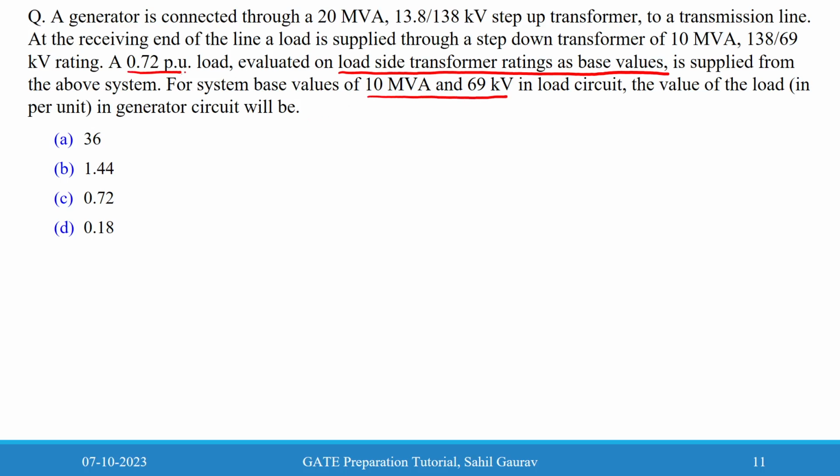You have to find this load impedance in per unit based on the newer base quantities. This is also a little bit older problem, GATE 2006, for 2 marks. Recently they are not asking directly on the per unit system, but this is very helpful for solving other problems.